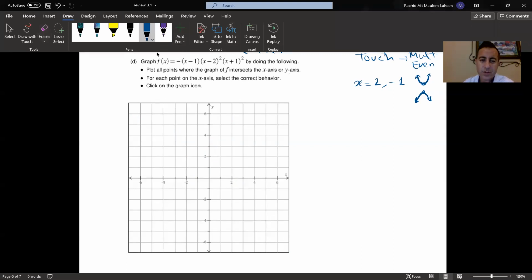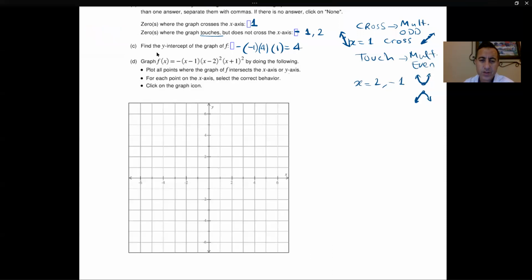Just to make sure everybody sees the graph, how it looks now that we have the idea of working on this. So negative 1, touch, 2, touch, and 1, cross. 4 is just the y-intercept.